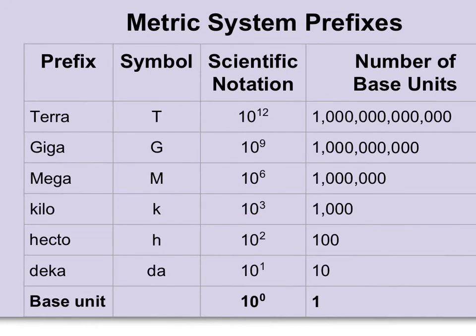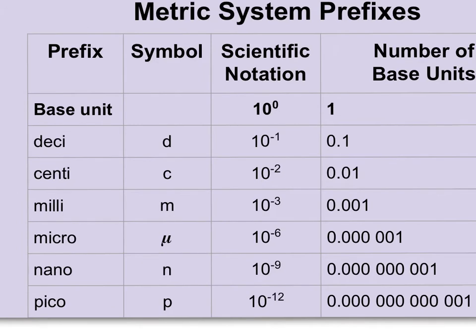So here you see a chart of metric prefixes that allow you to take a base unit and multiply it by powers of 10. So for example, if you put the prefix mega in front of a liter, you would have a megaliter, or you would have a million liters, or 10 to the 6 liters.